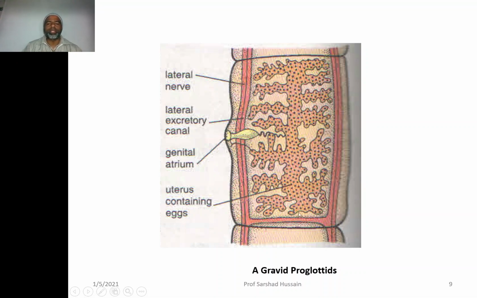The gravid proglottids, as I have already told you, are the last proglottids that detach from the posterior end of the body through the process called apolysis. They come out, and because they have fertilized eggs, the embryo starts developing, and they search for the secondary host, that is the pig, to complete the rest of the life cycle.